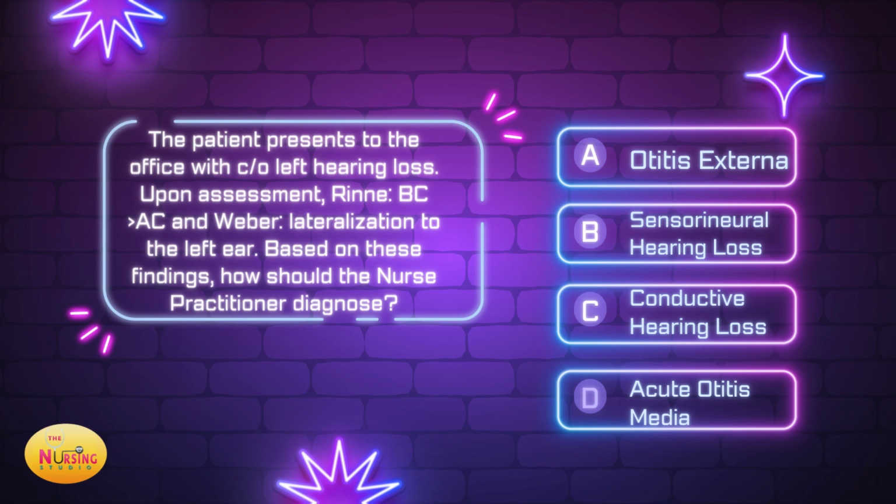People call it all different things. This is what I call it, Rinne. With the Rinne assessment, this is checking on the air conduction of the sound. You're going to strike your tuning fork, place it on that mastoid bone, and ask them to let you know when they no longer are able to hear that vibration, that vibratory sound, right? Then you place the tuning fork in front of their ear.